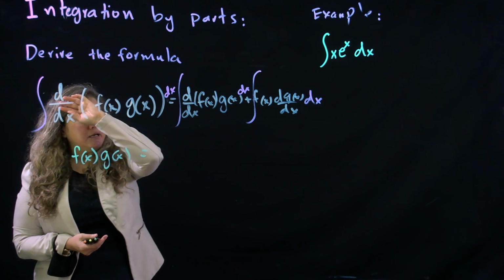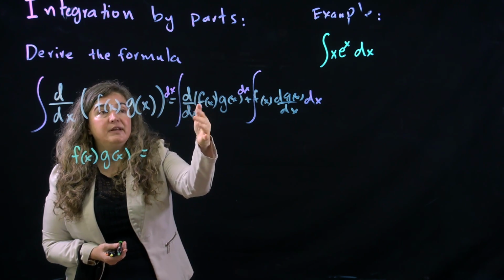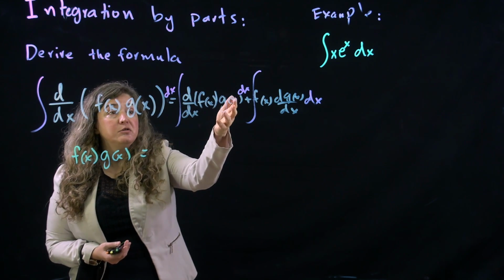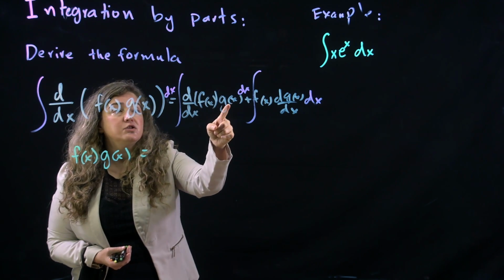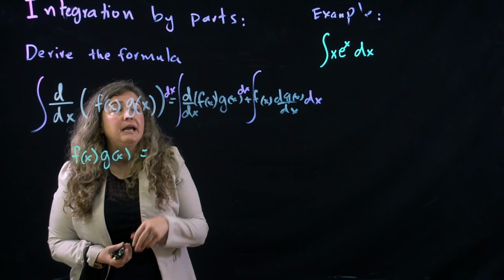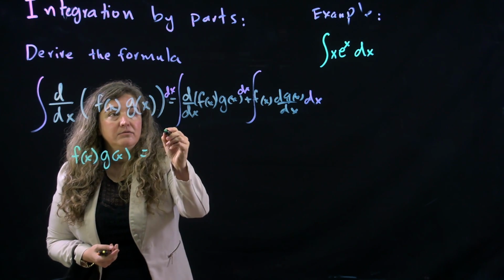And then over here, we have the derivative of f of x times g of x, and we're taking the antiderivative of that.